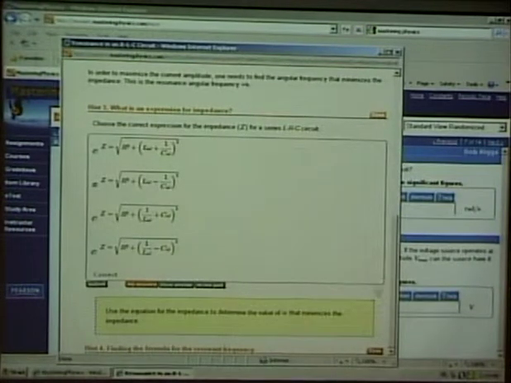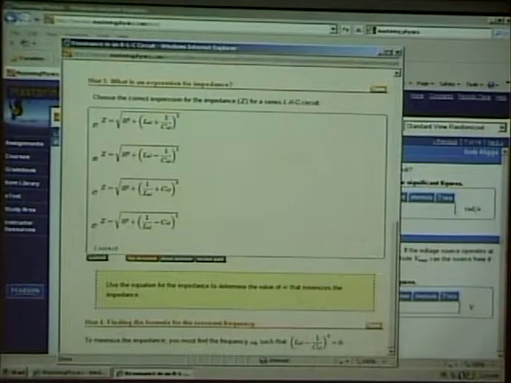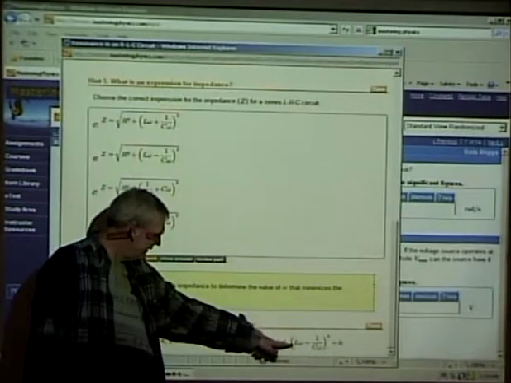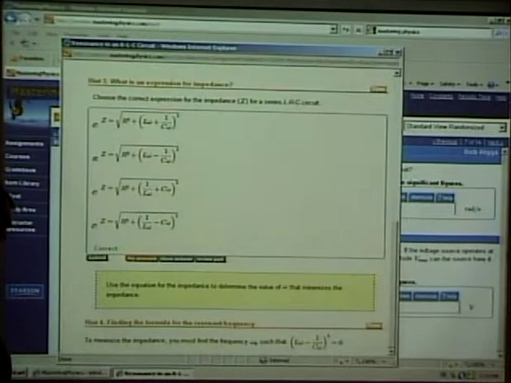Now we come down here. Finding the formula for the resonant frequency is this.